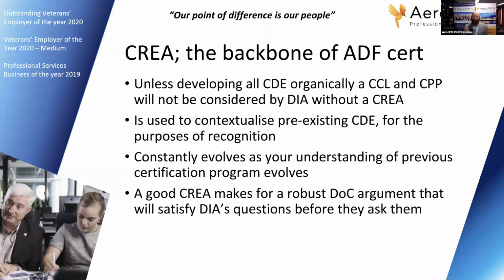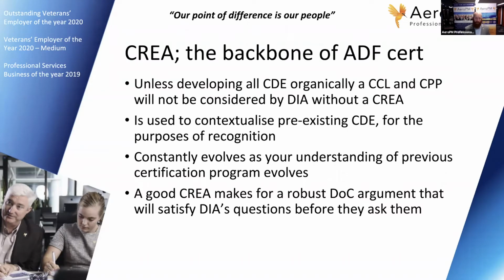All right, fairly straightforward. I'm sure everybody's seen these before and previous variations, so I'm not going to go into it in any level of detail. The long and the short is you need a CRE analysis for every evidence source that isn't being directly developed for your program.